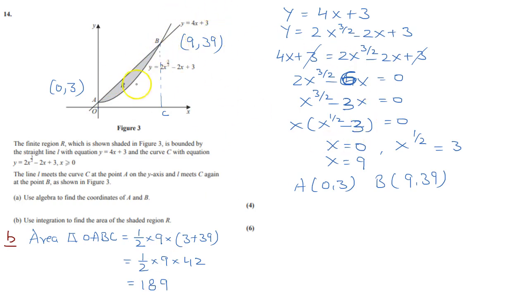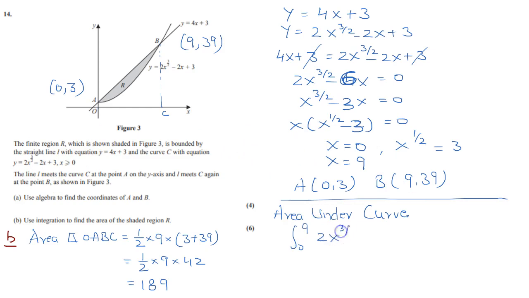Now let's find the area under this curve. Area under curve is the integral from x is 0 to x is 9 of 2x to the power 3 over 2 minus 2x plus 3 dx.